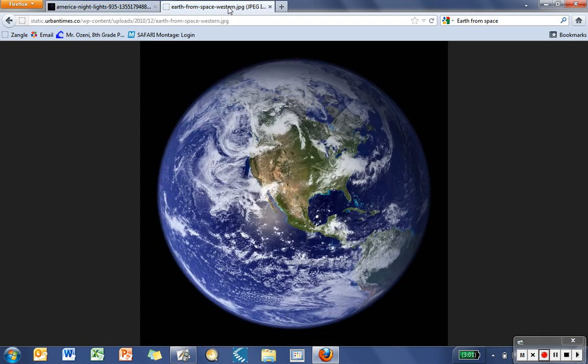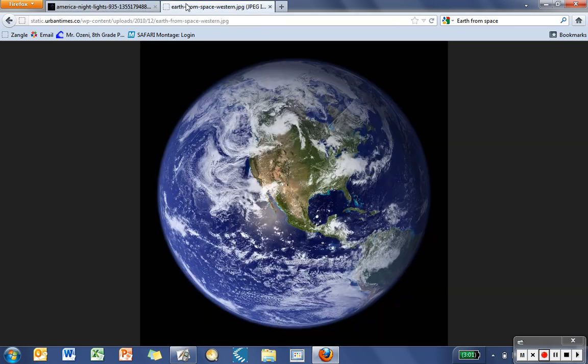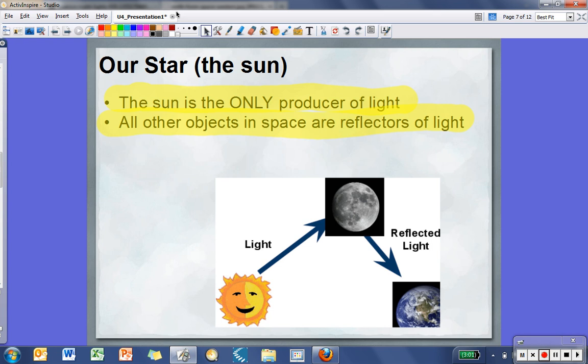The only reason why we get to see light like this in this picture is because the sun is reflecting off of that. Okay, so the Earth really looks more like this. It's just when the sun's hitting it, we get to see that reflection. Okay. So again, it's a really important idea that you understand that when you look up at the moon, you're not actually seeing the light coming from the moon. You're actually seeing light that's coming from the sun that's reflecting off of there.